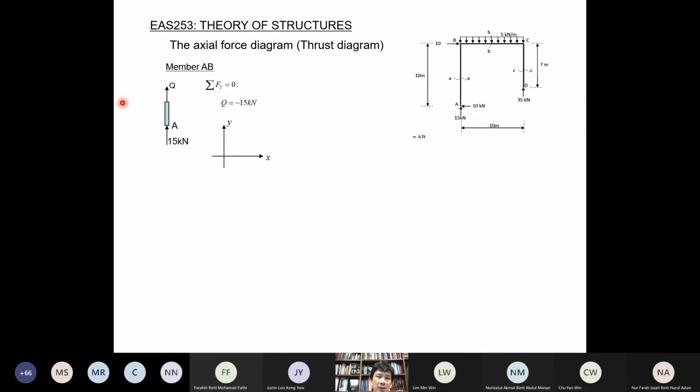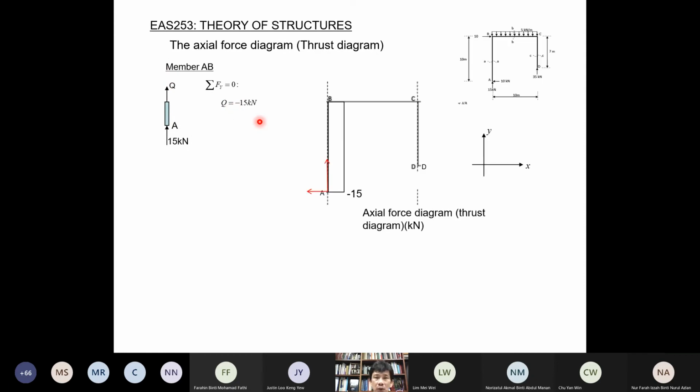Show only the Q. Okay, S and M by right should appear, but we omit them here just for simplicity, only Q. So this is a positive Q direction. So Q is in the Y direction. So we take equilibrium of forces in the Y direction, then we get Q negative 15. So Q for this part, negative 15, we draw on this side.